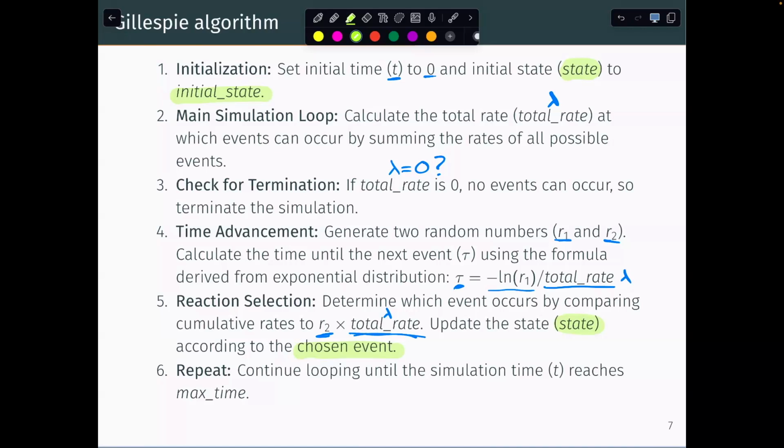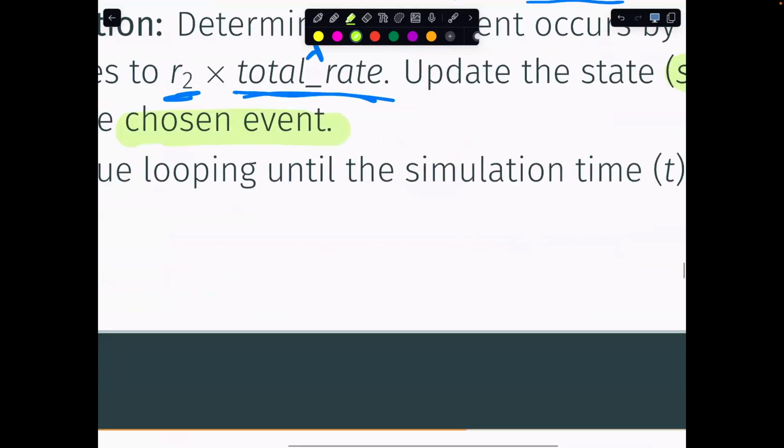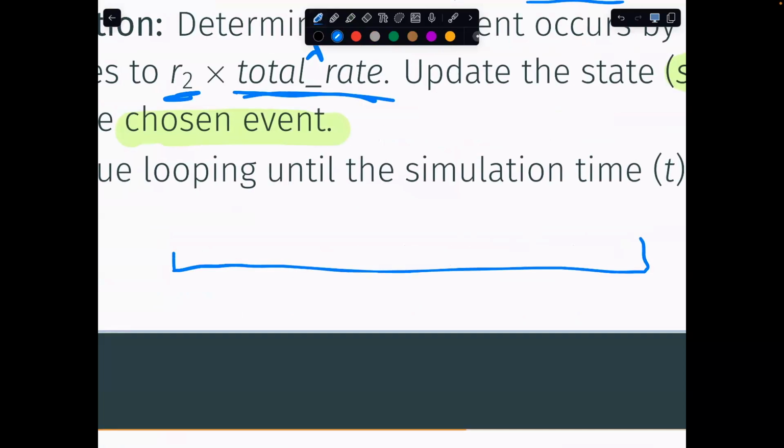Essentially, one way to think of this is, suppose this is my total rate, just some line here of length lambda. And then this is divided up into different chunks of different lengths. So for argument's sake, this is maybe my births. Perhaps this is deaths.